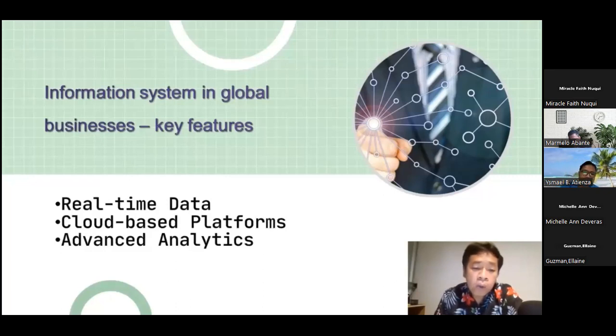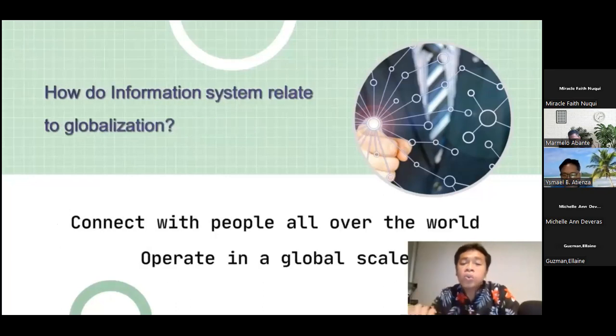But how do information systems relate to globalization? In many ways, information systems have been a driving force behind globalization. By allowing businesses to connect with people all over the world, information systems have made it possible for companies to operate on a global scale.